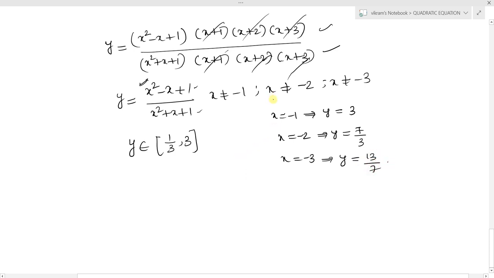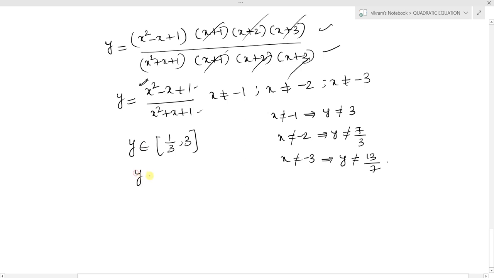But x not equals minus 1, so y not equals 3 also, and x not equals minus 2, so the corresponding y value 7 by 3 is also not in our y values, and for x not equals minus 3, the corresponding y value 13 by 7 is also not our requirement.